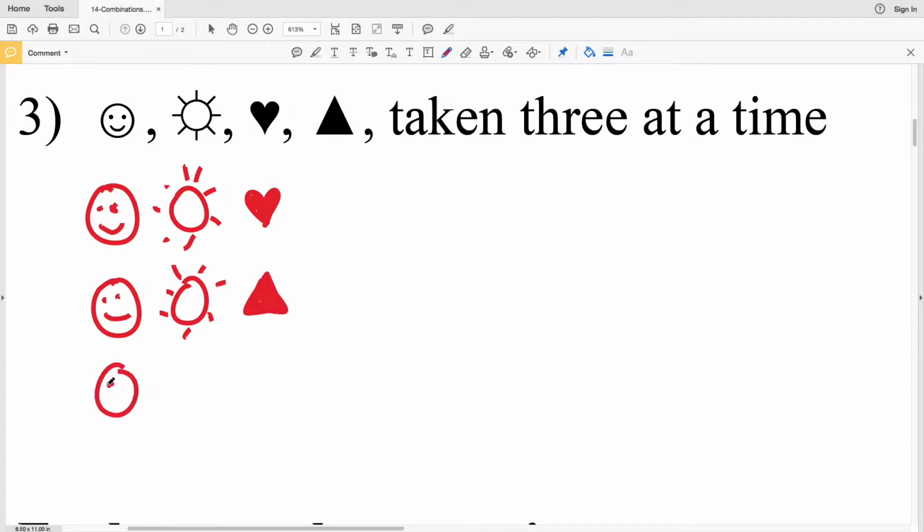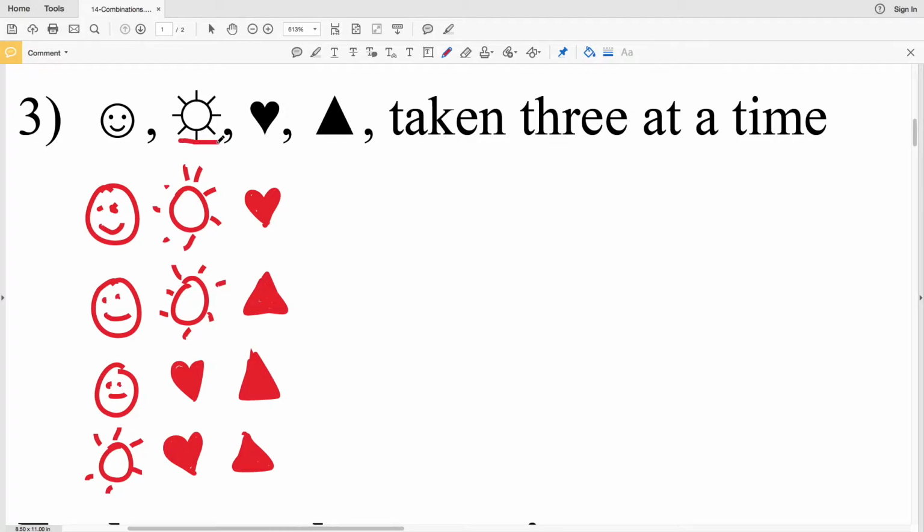We could also have smile, heart, and triangle. So the only 3 that have not been together are sun, heart, and triangle. So then we can have sun, heart, and triangle.